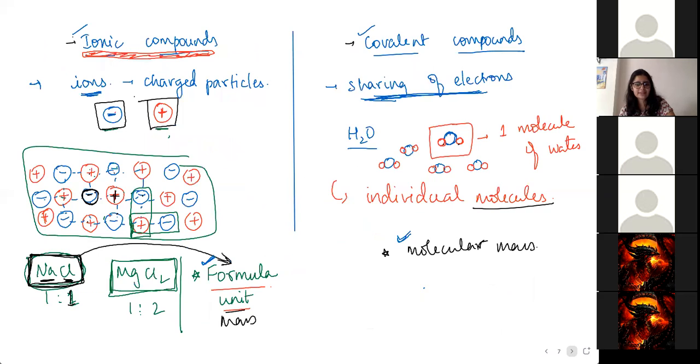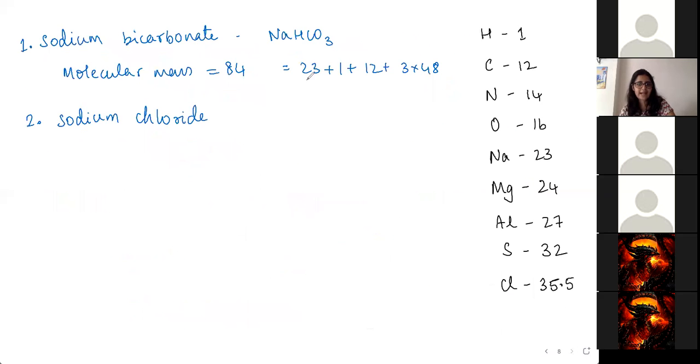So if I'm calculating the molecular mass by adding atomic masses whose units are in AMU, what will be the unit of molecular mass? Sodium bicarbonate will be 84 what? AMU. Yeah. Okay.